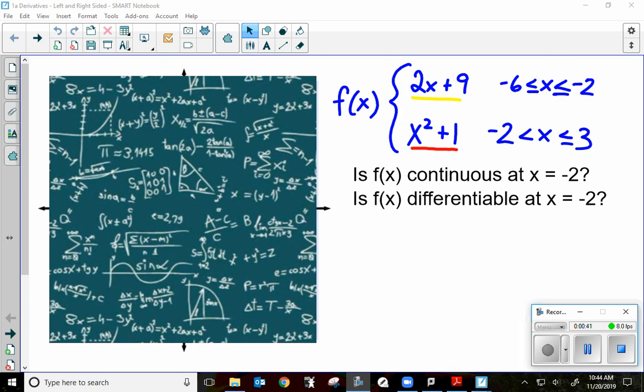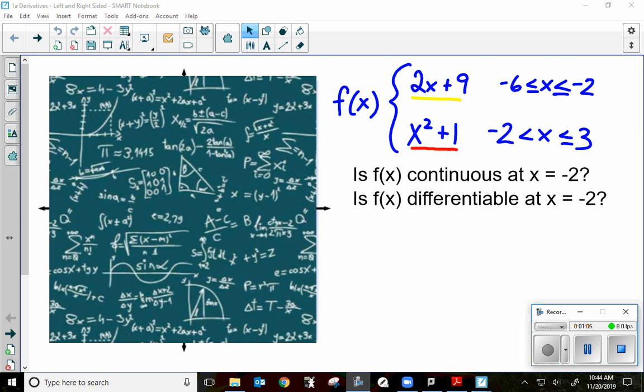So let's take a look at the problem we're given. We're given a piecewise function f of x, and it equals 2x plus 9, given the condition that x is in between or equal to -6 and -2. And when x is greater than -2 or less than or equal to 3, my f of x equals x squared plus 1, all right?